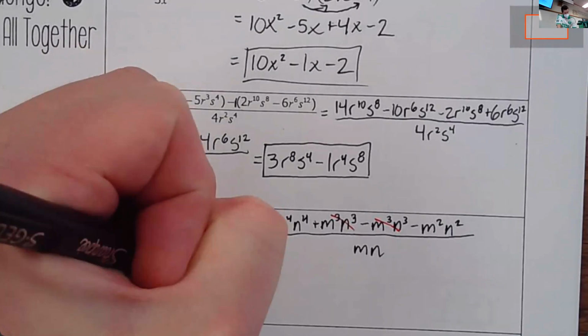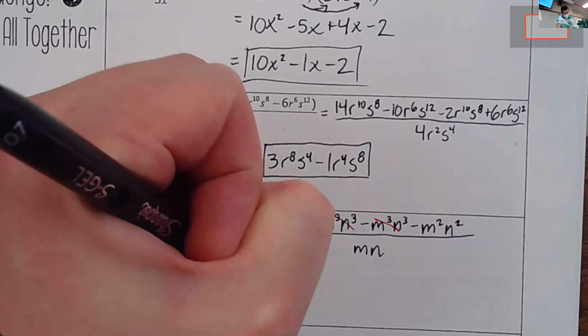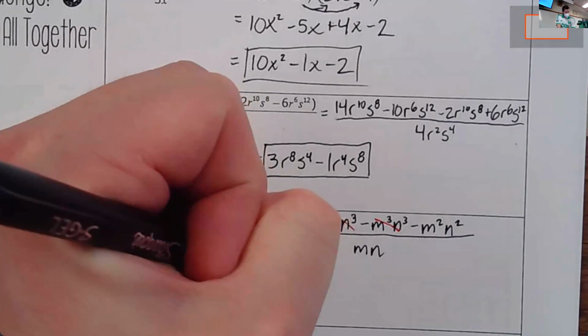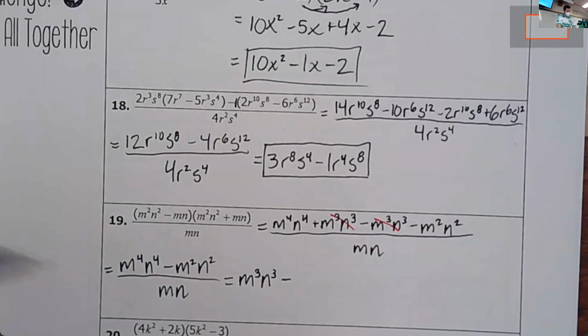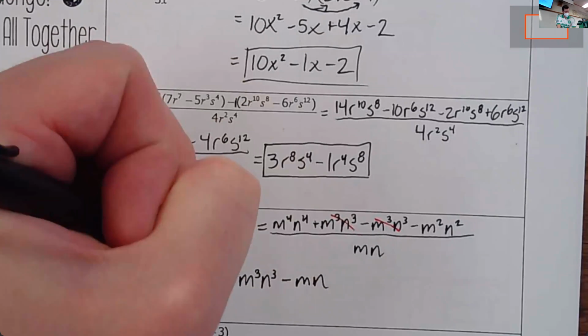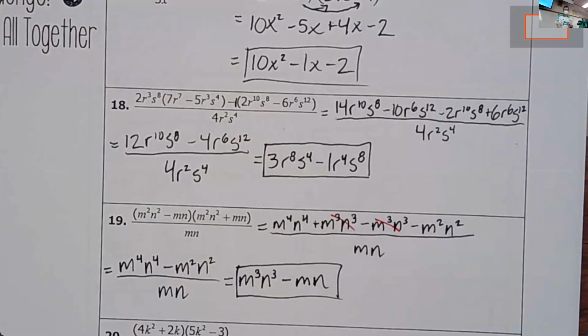So that'd be m to the third, n to the third. And then negative 1 over 1 would just be minus, or just keep the minus. And then 2 minus 1 and 2 minus 1 would just be mn. So m to the third, n to the third minus mn will be our answer for number 19.